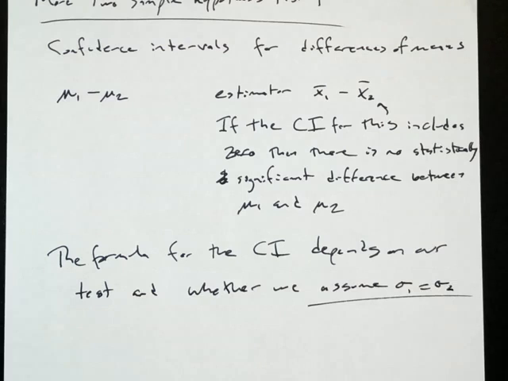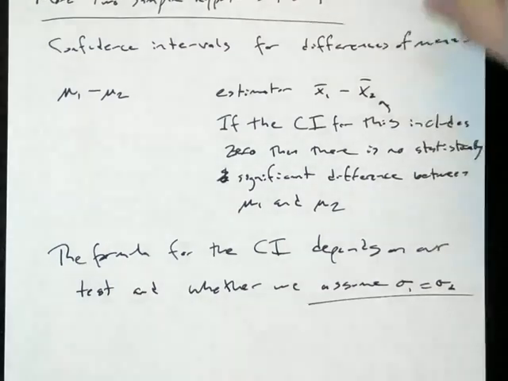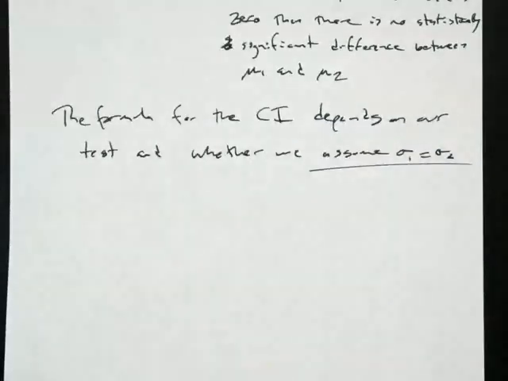And the other assumption is whether or not I assume that the standard deviations are supposed to be the same. Because when I do assume they're the same, I use the pooled variance. When I assume they're not the same, I've got to use that correction for the degrees of freedom.